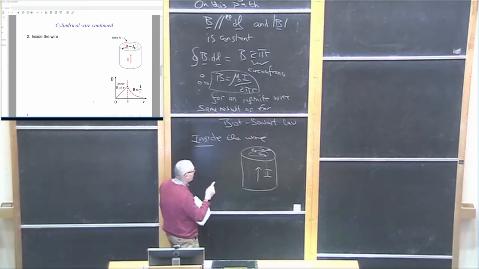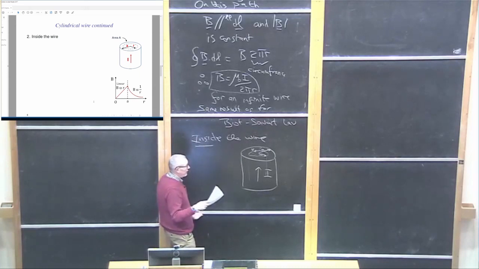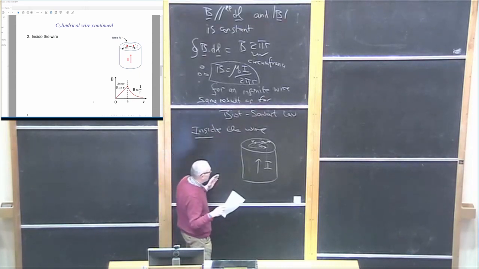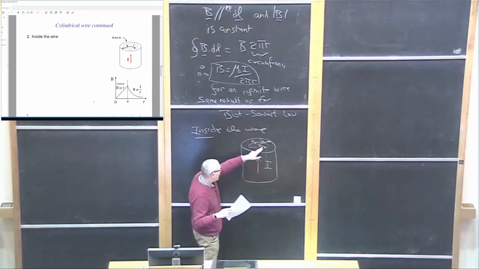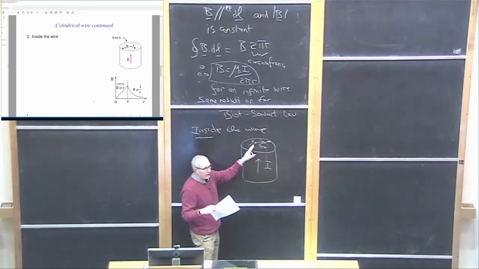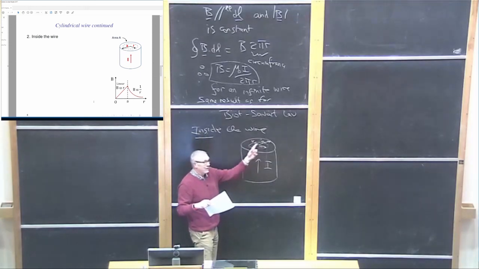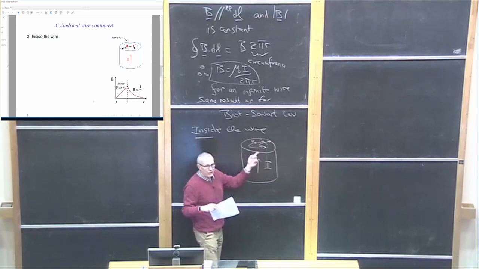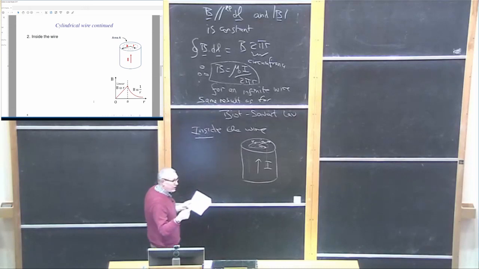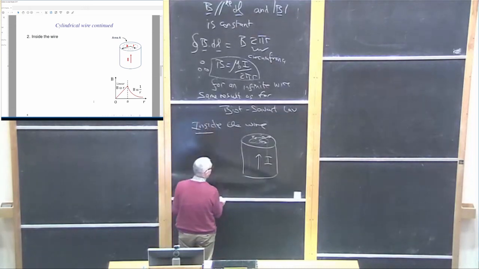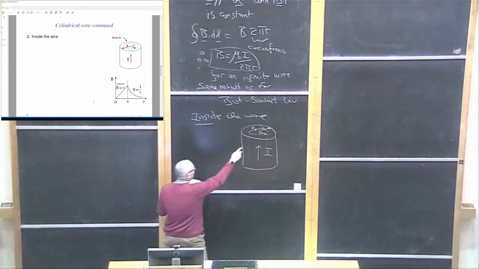So what we have to do to get the field inside the conductor at some radius r is calculate the current within that circle, that line. That means you need the current density to get the amount of current within there.